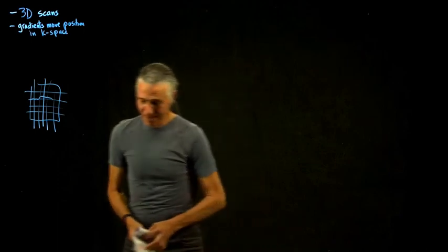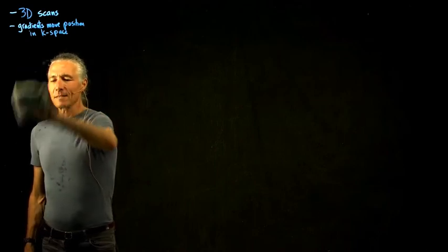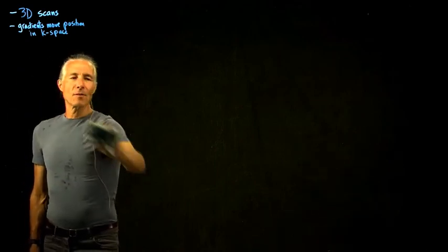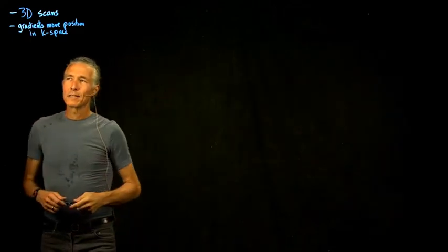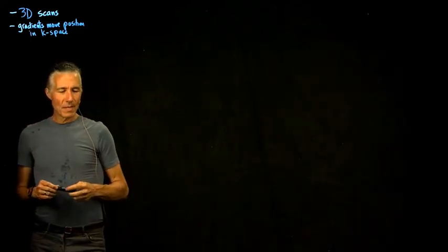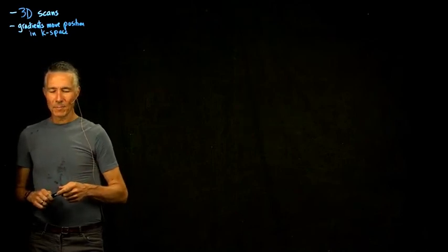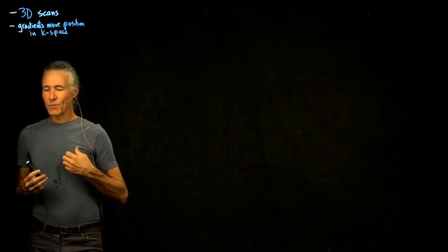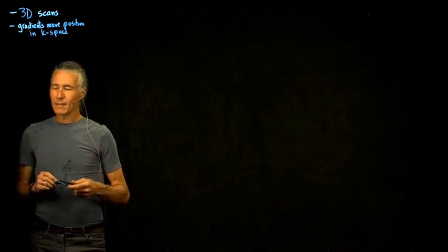Okie doke. So today, since so many scans that we do are 3D scans, I want to go over this in a little bit more detail, because there are a few counterintuitive properties of 3D scans.